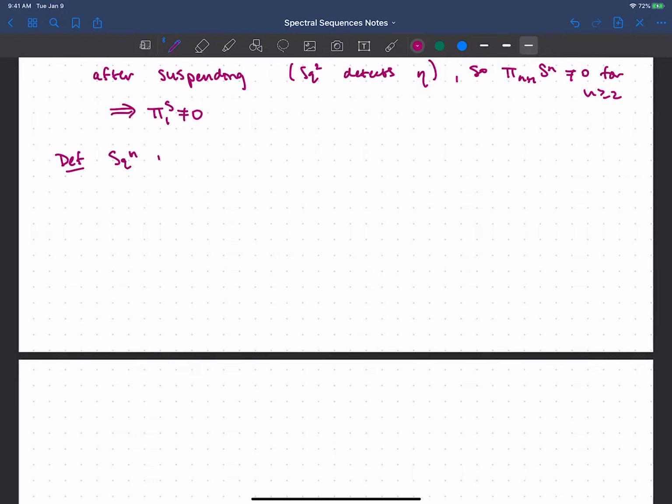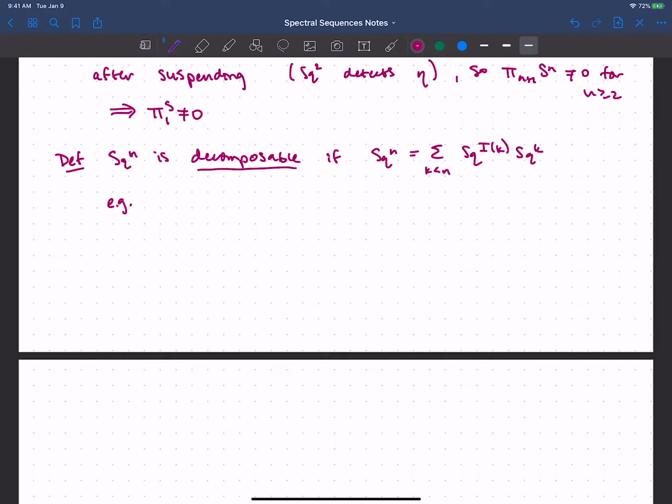So we'll say that Sq n is decomposable if it decomposes. So what I mean is we get a sum of compositions of smaller squares. Remember, the degree still needs to be n. So I have some Sq k, where k is less than n, so something of smaller degree, and then Sq I of k, this could just be some sequence of squares.